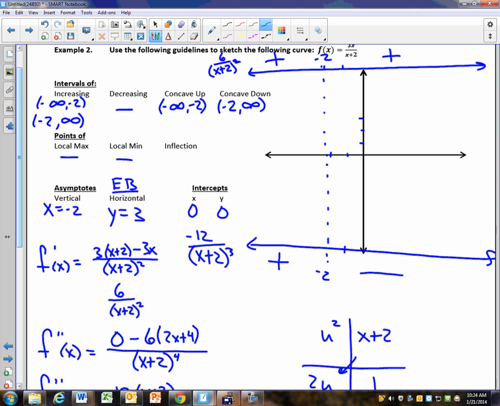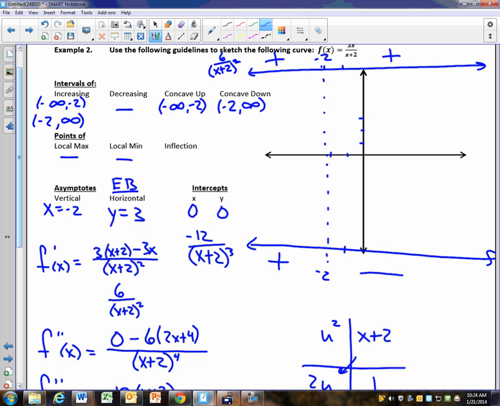There was a lot of debate about this last year. A lot of people really wanted to make it a point of inflection. But you're absolutely right. If you're looking for the spot where it changes concavity, negative 2 would be the spot. The only thing is, technically, in order to identify that, it has to be part of the domain.